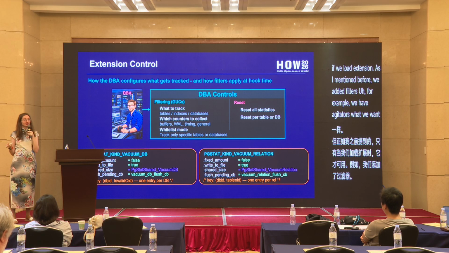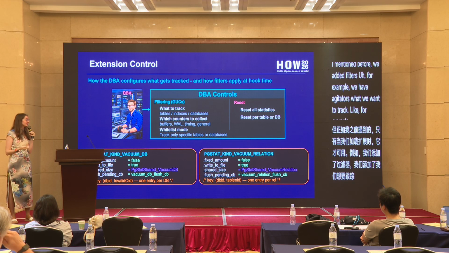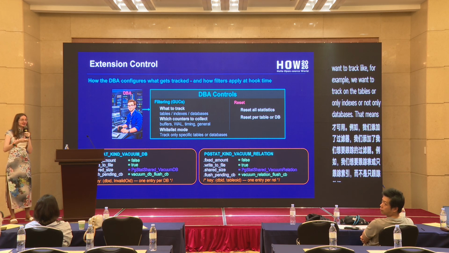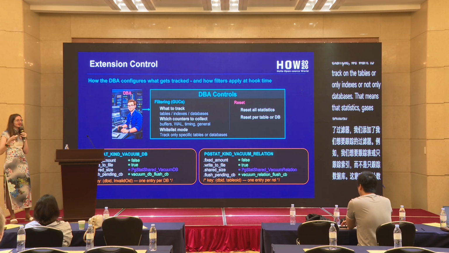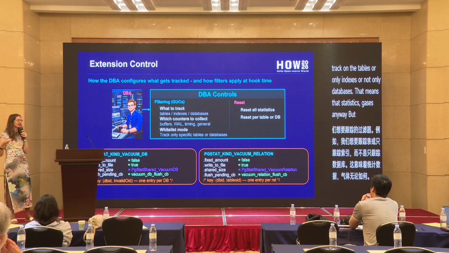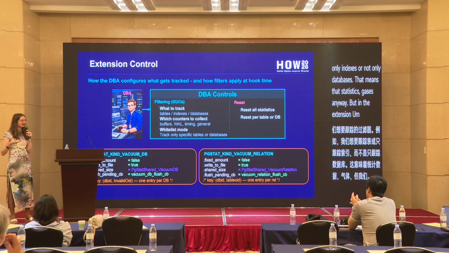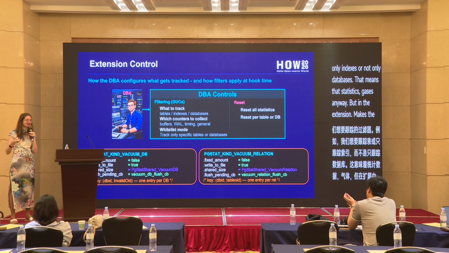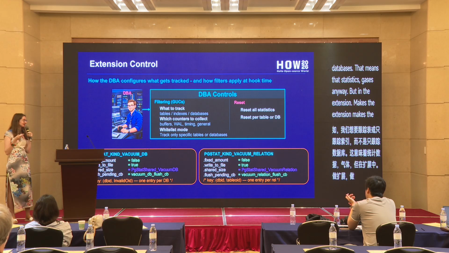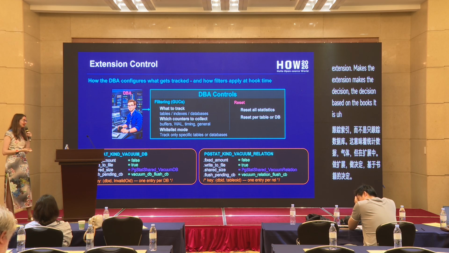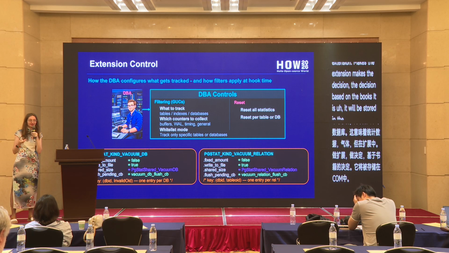For example, we want to track only tables, or only indexes, or only databases. It means that statistics are gathered anyway, but the extension makes the decision, based on the GUCs, whether it will be stored in the cumulative statistics storage or not.